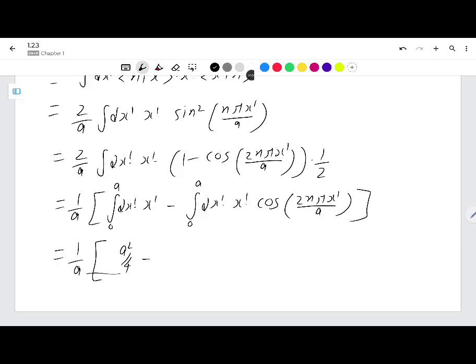Minus, okay, we can do the integration by parts here, and what would that give us?